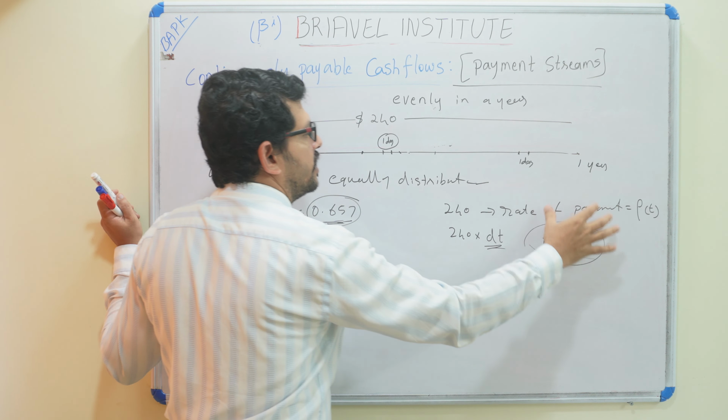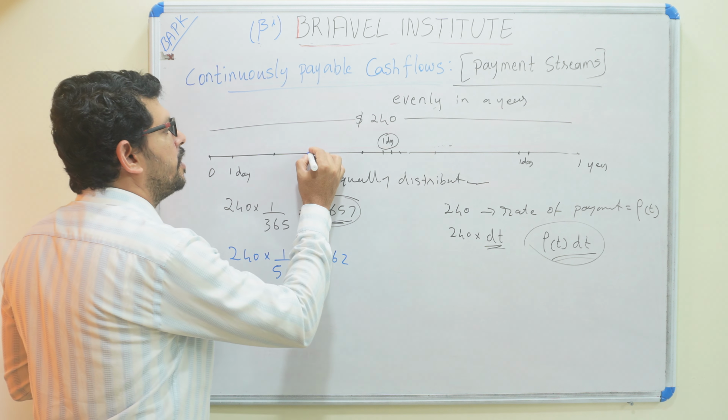Now, just as we calculated for 1 day, if we calculate the weekly payment, taking 52 weeks in a year, 240 divided by 52 gives 4.62.